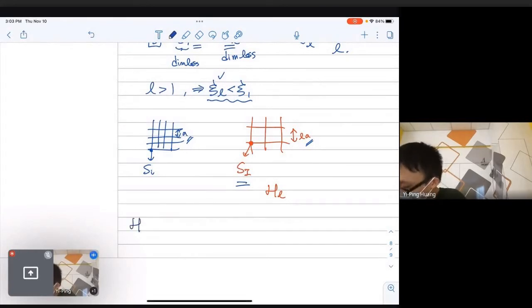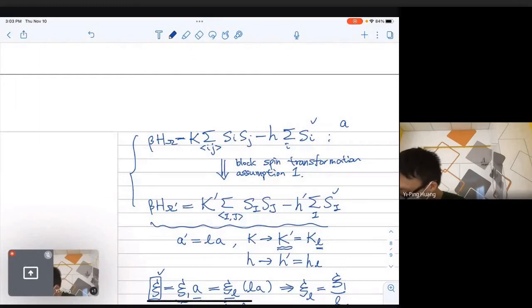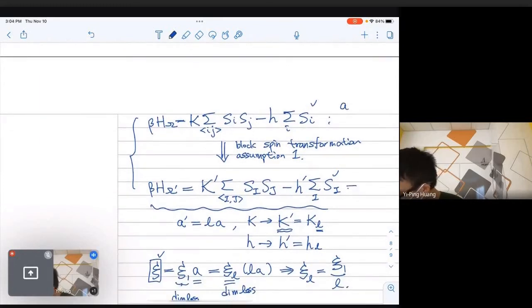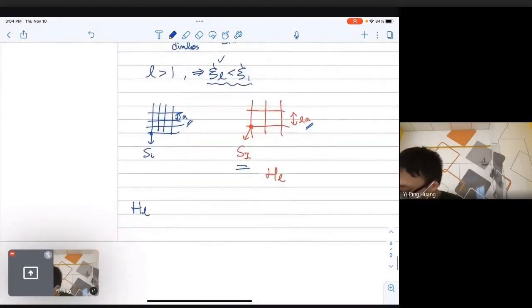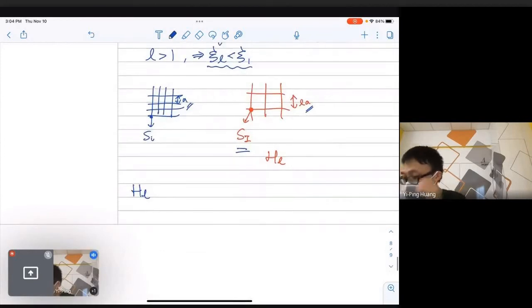Let's call this thing HL, and let's call the original one H1, because it uses one lattice constant A as the true lattice.